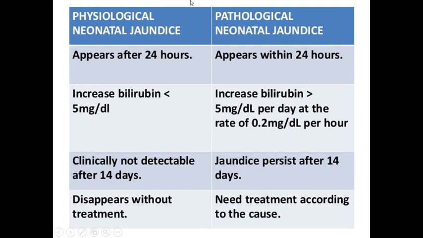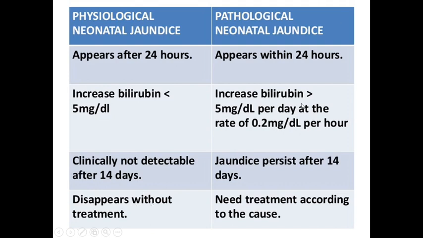Physiological jaundice is the type of jaundice which you can see in all the newborn babies, which is normal, appears after 24 hours, lasts for about 2-3 days, and then goes off, never lasts for more than 14 days. So it usually is self-resolving. You need not treat the condition, it subsides on its own.